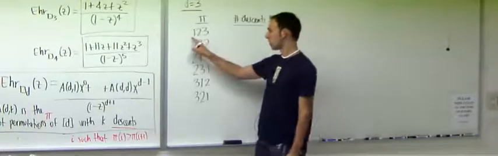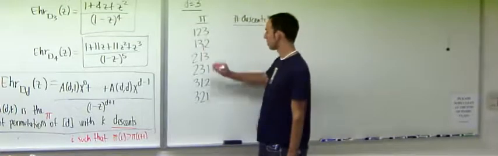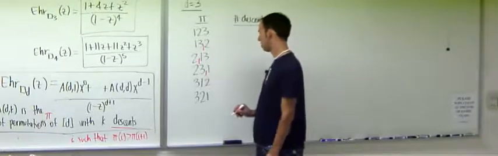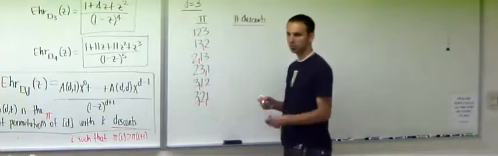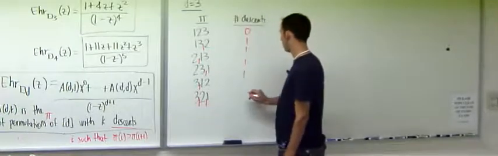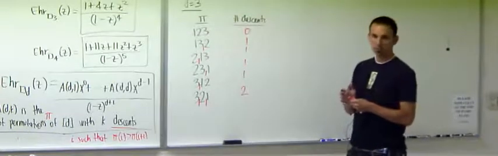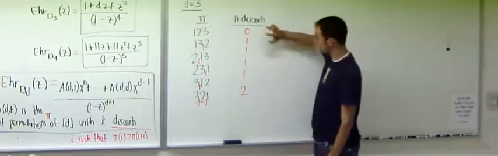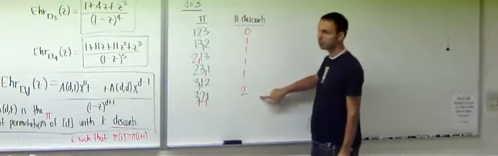So the first permutation never goes down. This one goes down between 3 and 2. This one goes down between 2 and 1. This one goes down between 3 and 1. This one goes down between 3 and 1. And this one goes down here and here. That means that this has 0 descents, these have 1 descent, and this one has 2 descents. And that is telling me that the numerator of the third Ehrhart series should be 1 plus 4z plus z squared, which it is.